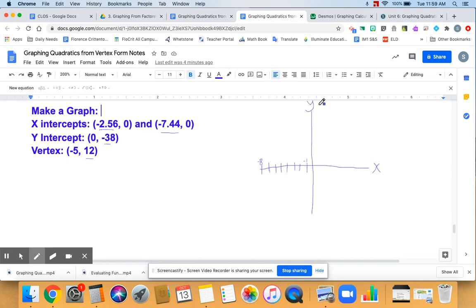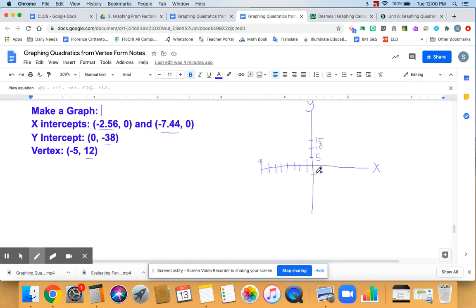So for my Y's, my first tick mark is at 5. Each one's worth 5. So then this is 10. And here's 15. And in my positive direction, I don't have to go up anymore because it only goes up to positive 12, like this point here. My negative direction, though, I need to go down at least 38.